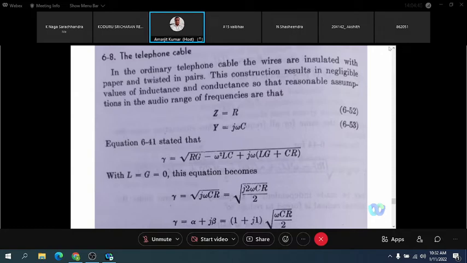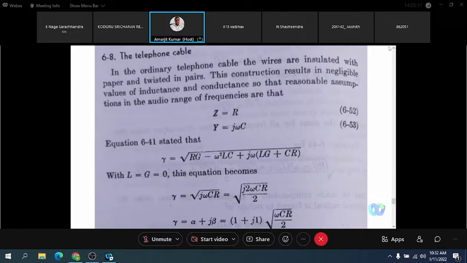Twisted wires are used with paper as the insulator, so basically the inductance will be less, and because of the paper dielectric, the leakage conductance G will also be less.